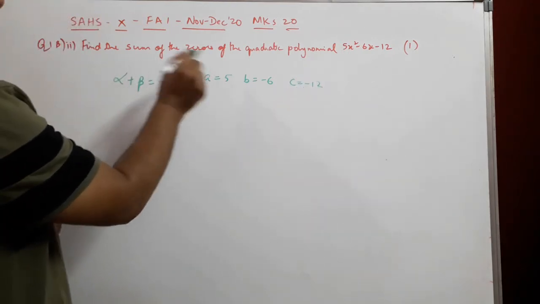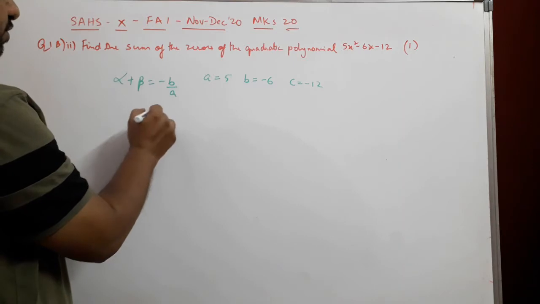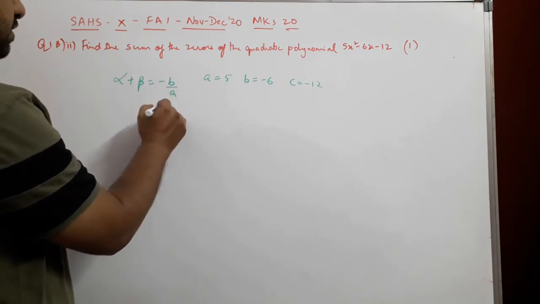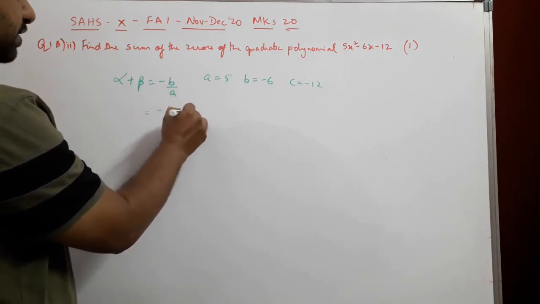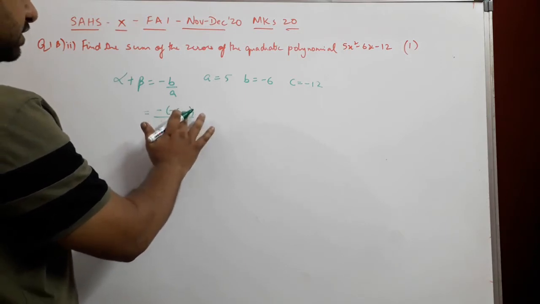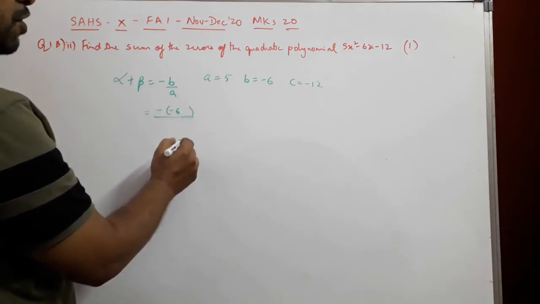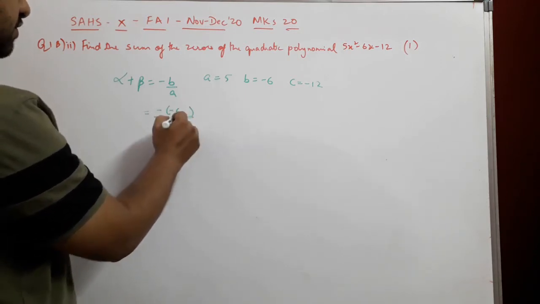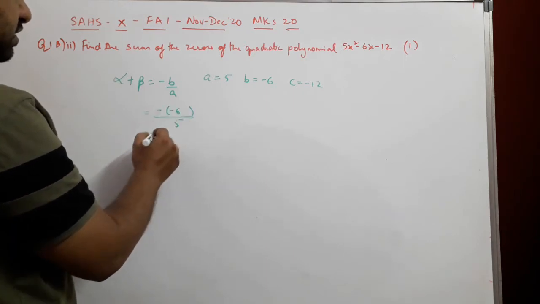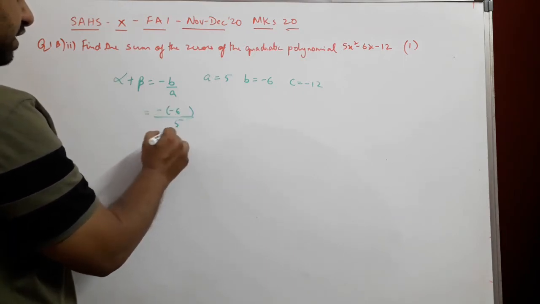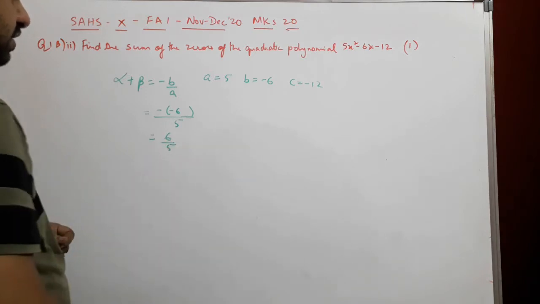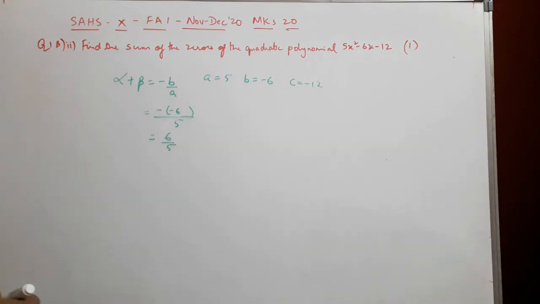Since we are asked just for the sum of the zeros, it would be minus b upon a, that is minus of minus 6 upon 5. Minus into minus is plus, so the sum of the zeros is 6 upon 5. That is the answer for 1 mark.